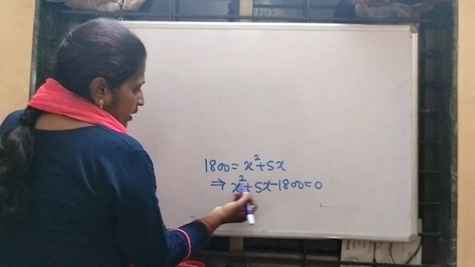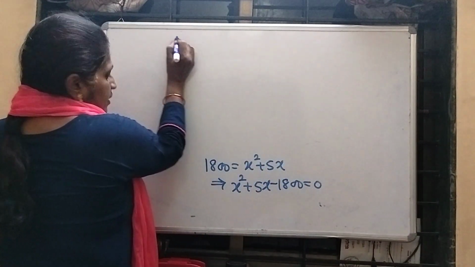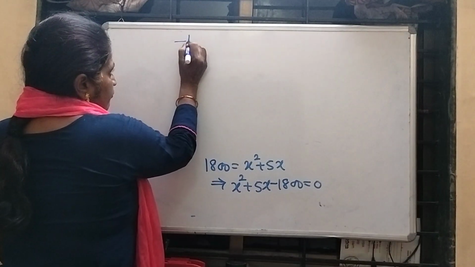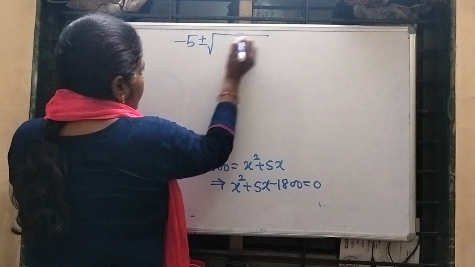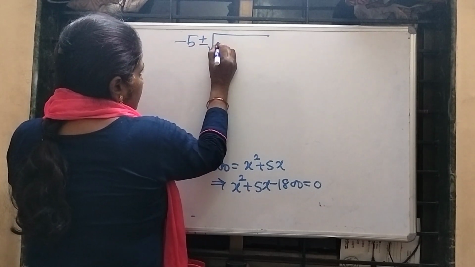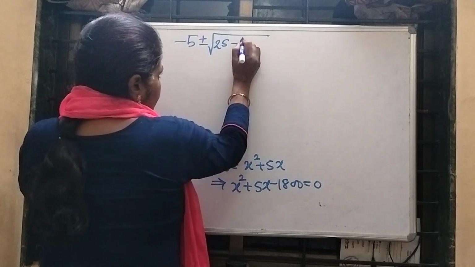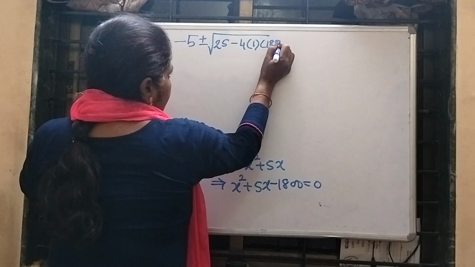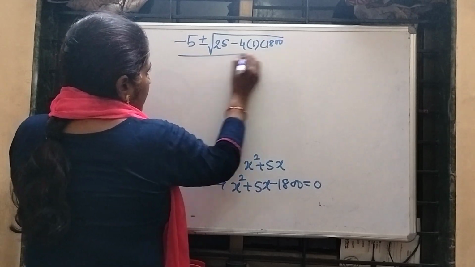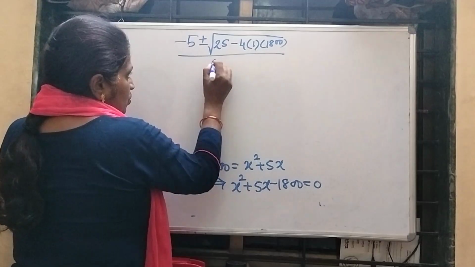A is equal to 1, B is equal to 5, C is equal to minus 1800. So I will take minus 5 plus or minus root of 5 square, which is 25, minus 4 into A which is 1, C which is minus 1800, divided by 2 into 1.